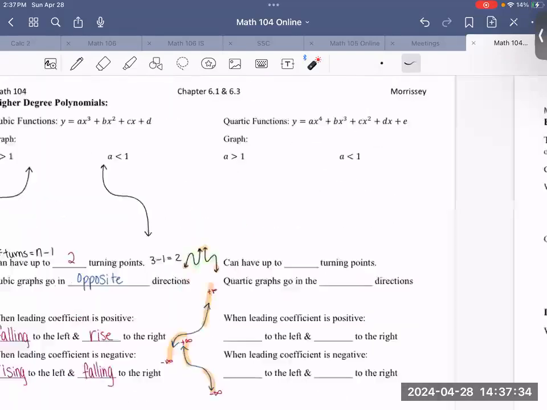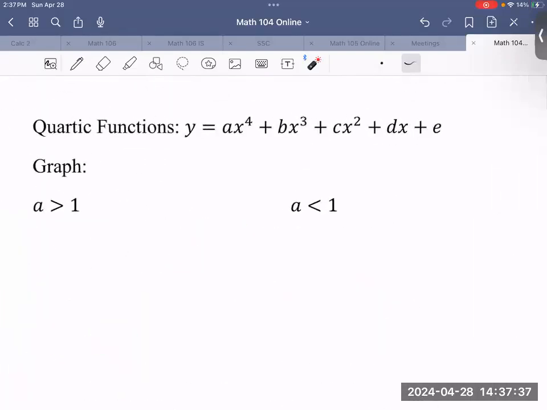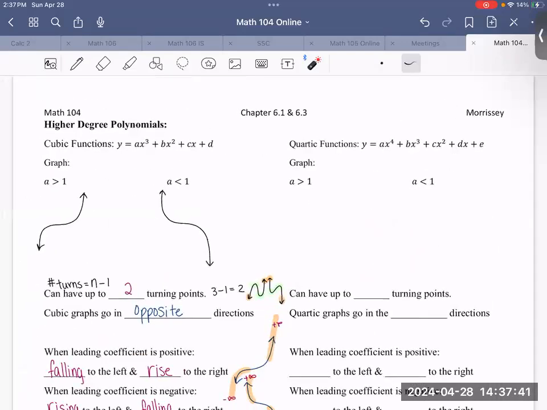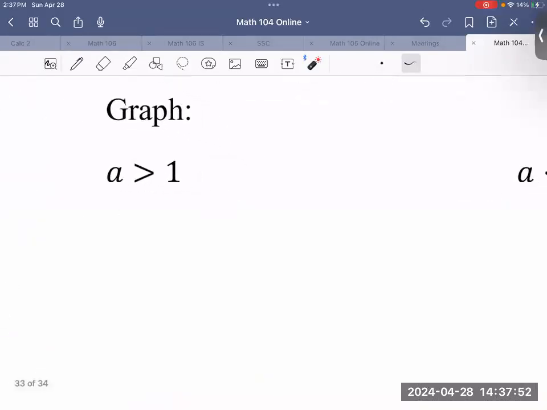So let's try it again, but now with a quartic function. Now, quartic functions, the only difference between quartic and cubic is now we're changing a degree, and we can have another term tacked on to the end. Now, these graphs are more of a wave or a U-shaped graph.